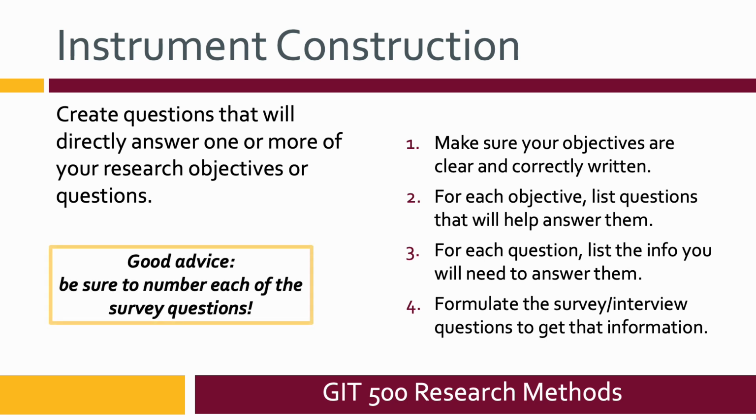And here's a really good piece of advice: when you're writing your survey questions, be sure to number each of them, because when you go to write up your research results, you're going to probably need to refer back to the survey questions or interview questions.